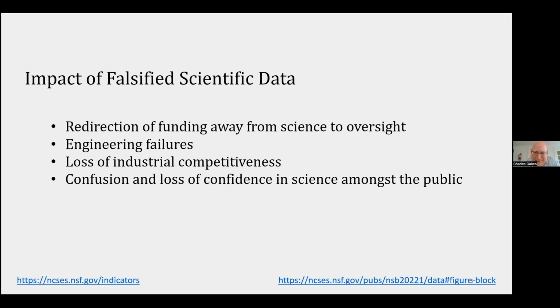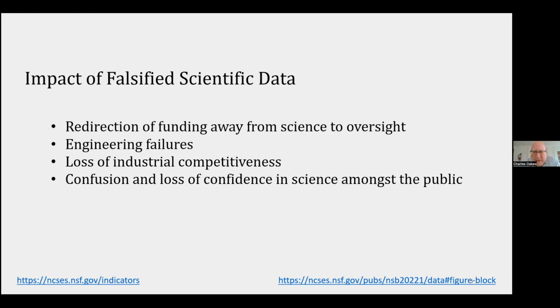So these are real, actual consequences to people and things and the environment. So then you get loss of industrial competitiveness. If you're a company and you've got somebody making up fraudulent data that you're using to help make your company more competitive and it turns out to be fraud, well, all you've accomplished is helping your competitor. You've given an advantage to them.